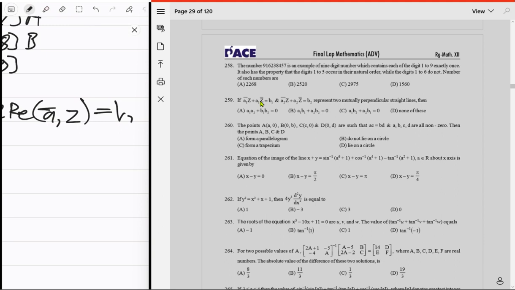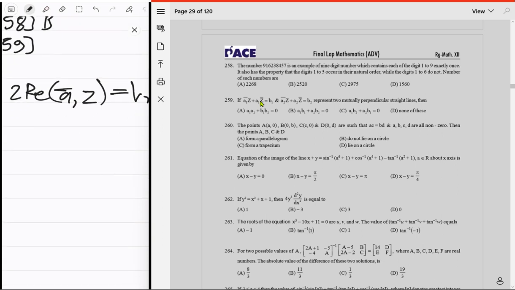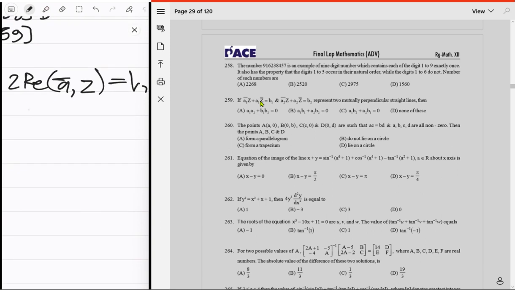अच्छा समझा, mutually perpendicular straight lines अब. ऐसा होगा कि a1 conjugate z is equal to u, जहाँ पे 2 times the real part of u is equal to b1.